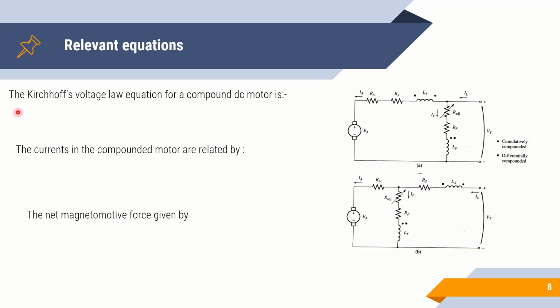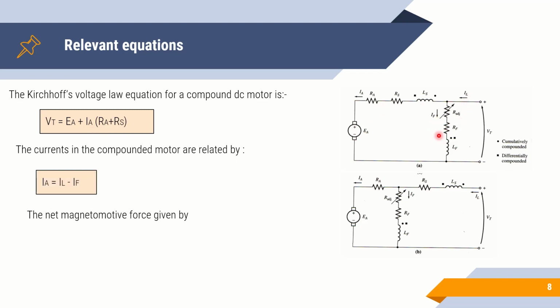If we apply Kirchhoff's voltage law to these two circuits, we will get that Vt equals Ea plus Ia multiplied by Ra plus Rs, which is the voltage across here. And the current in the compounded motor is related by Ia equals IL minus If, and If is equal to Vt over Rf.